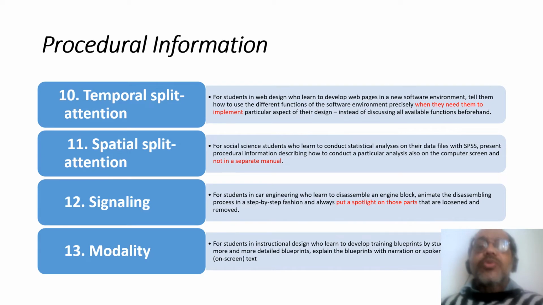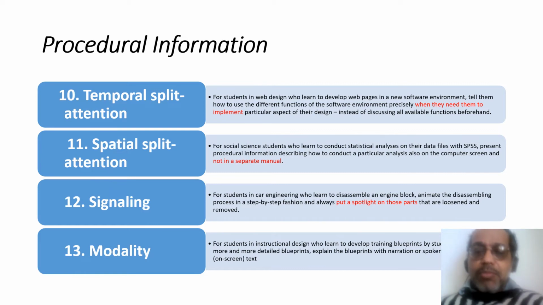And as you were saying earlier, there are a number of different things that people can do. So for example, what I said just now, for students who are working on design, when they need to implement a particular aspect of the design, then you will provide them with information, not beforehand. Because remember, the main thing that you want to do with procedural information is you don't want people's attention to be split.